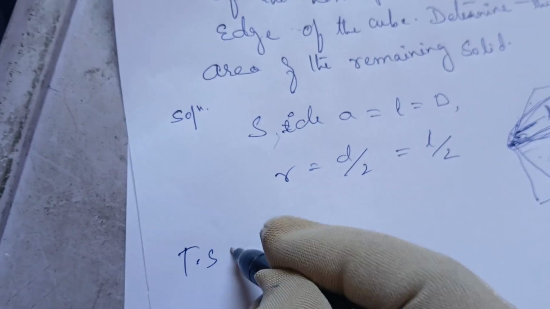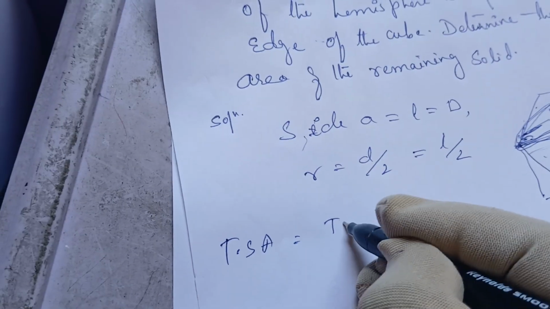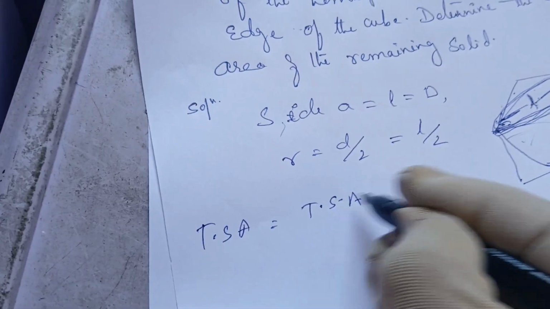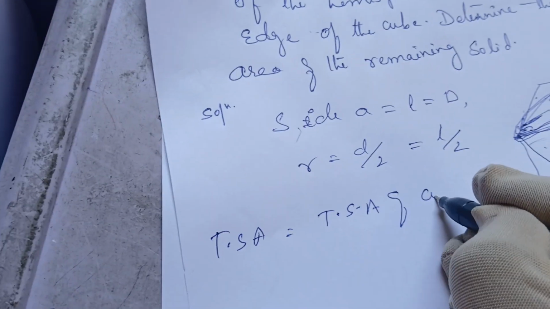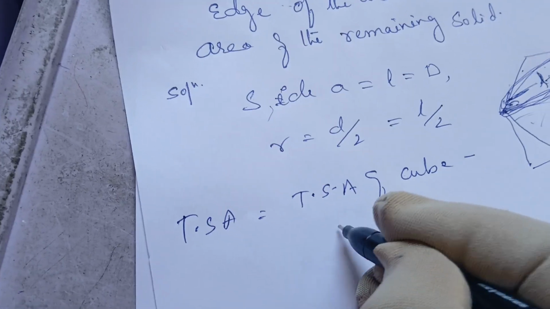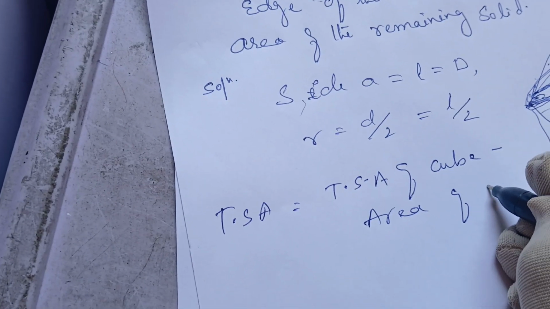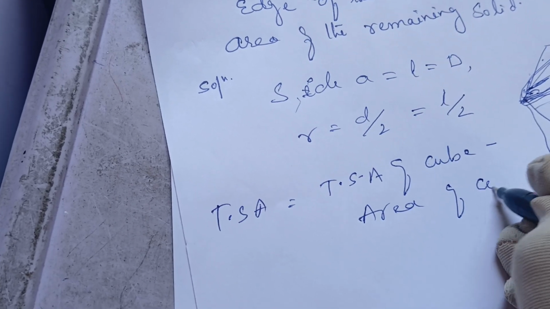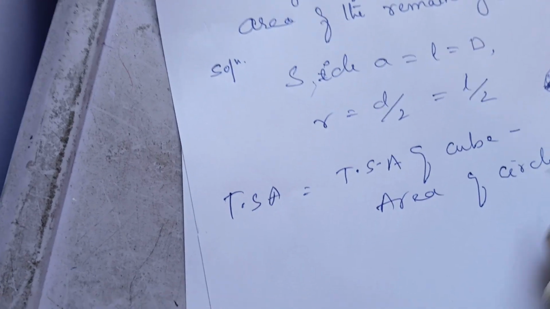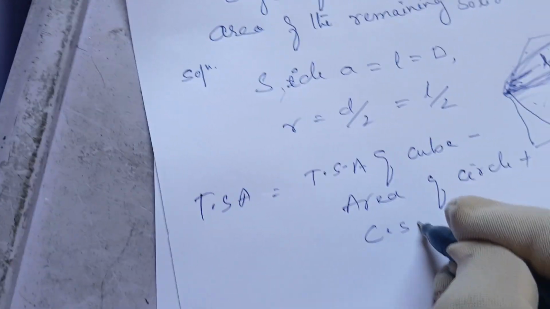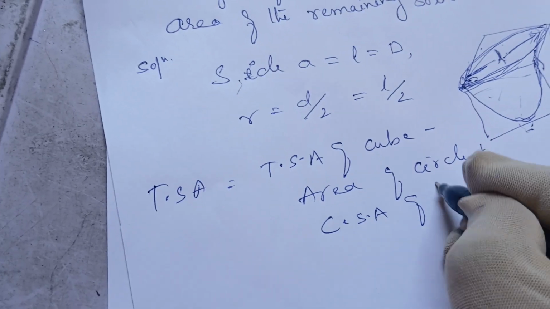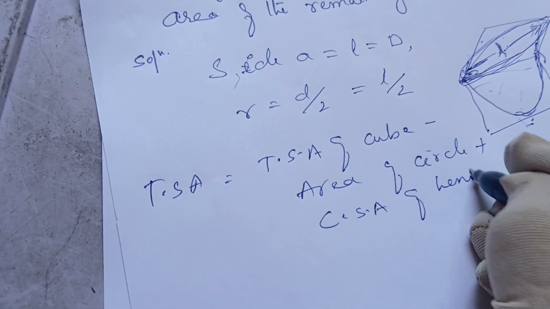Total surface area is equal to the total surface area of the cube minus the area of the circle plus the curved surface area of the hemisphere. I am writing hemisphere in short form, hope you understand that.